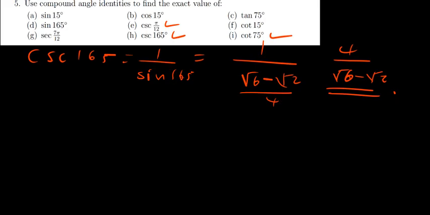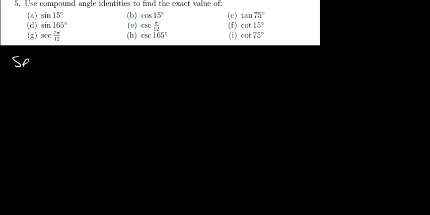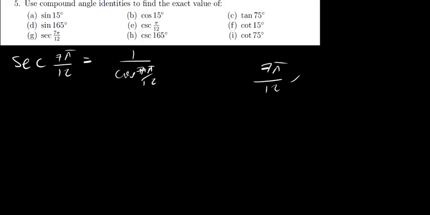Let's try part G. So that is basically the same as sec 7 pi over 12, which is the same as 1 over cos 7 pi over 12. So 7 pi over 12 times 180 divided by pi.